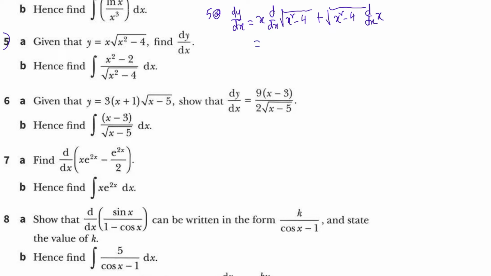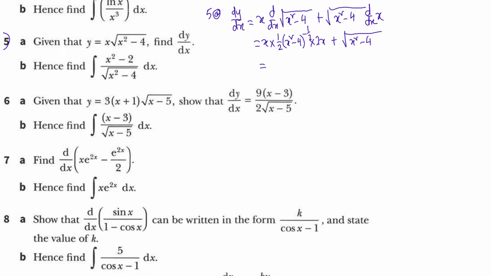So it gives us x into the differentiation of this one: half (x² minus 4) to the power half minus 1, which is minus half, then into 2x, plus (x² minus 4) to the half times the differentiation of x, which is 1.